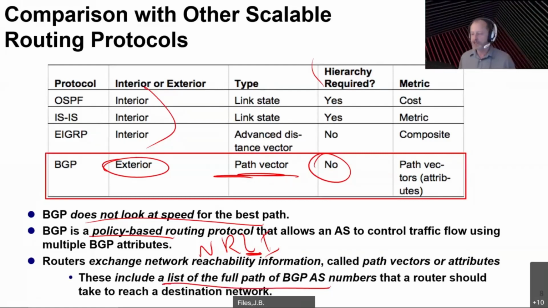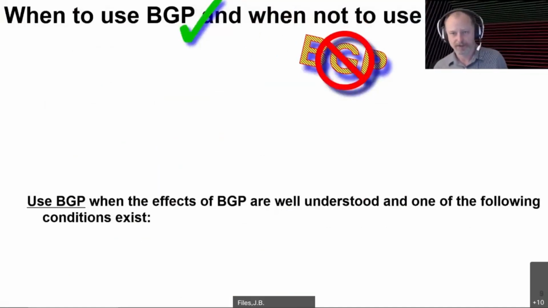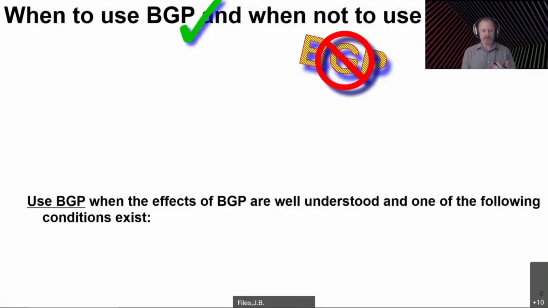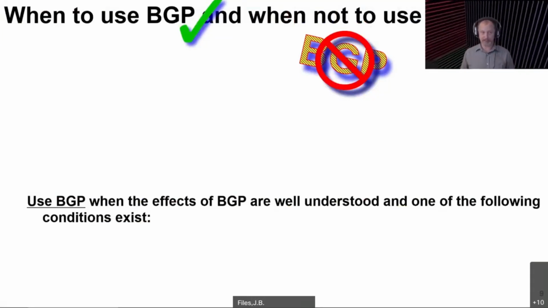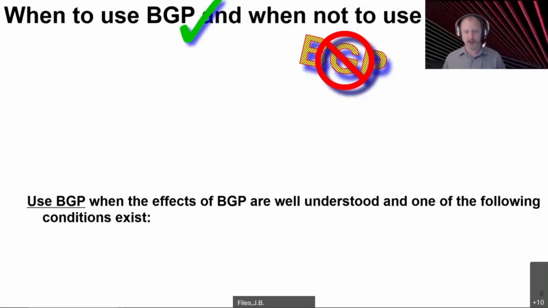So when are we going to use BGP and when are we not going to use BGP? Well, first of all, whoever's implementing it needs to understand BGP and use it when there are certain conditions to use it.